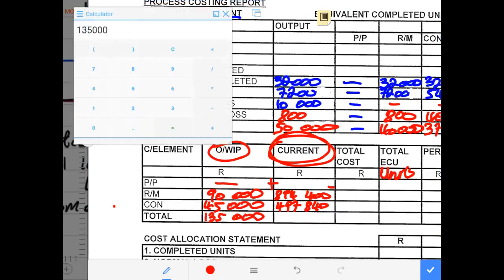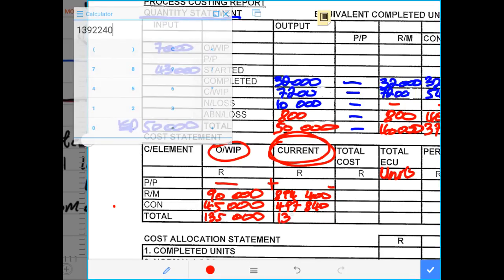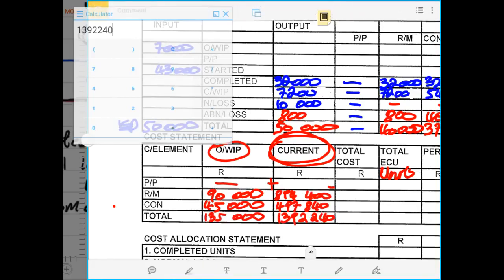The next one, 894,400 plus 497,840, gives us 1,392,240. That will be our total current cost.